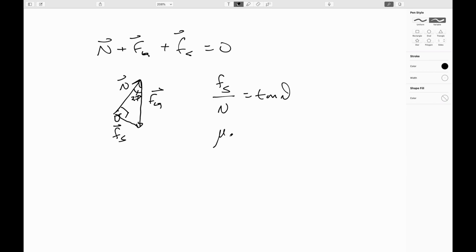And the force of static friction is mu s N. So we can cancel the normal forces and get straight off that the coefficient of static friction is the tangent of theta. This sort of trick only works in equilibrium situations, because that's where the vector sum goes to 0. And it only really works cleanly if you've got 3 forces.